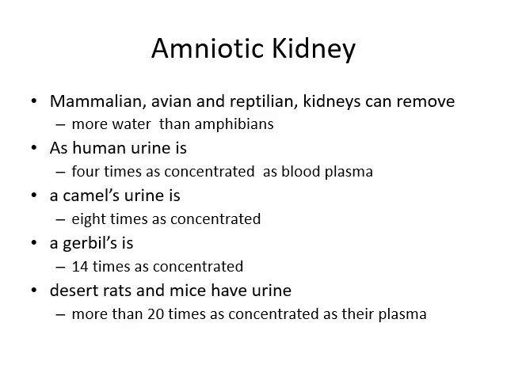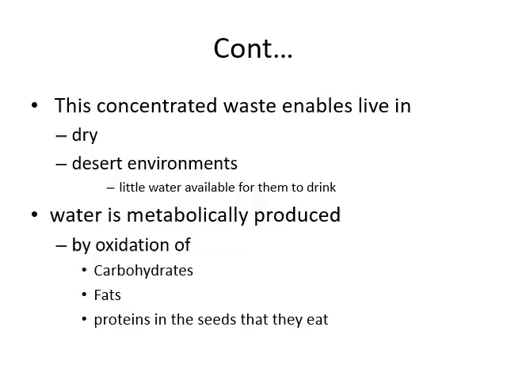Human urine is 4 times as concentrated as blood plasma, a camel's urine is 8 times as concentrated as blood plasma, and a gerbil's urine is 14 times more concentrated than blood plasma. The desert rats and mice have urine that is more than 20 times as concentrated as their blood plasma. This concentrated waste enables them to live in the dry desert environment and save water.